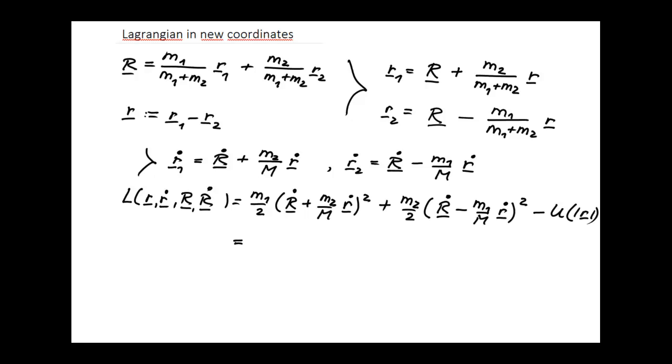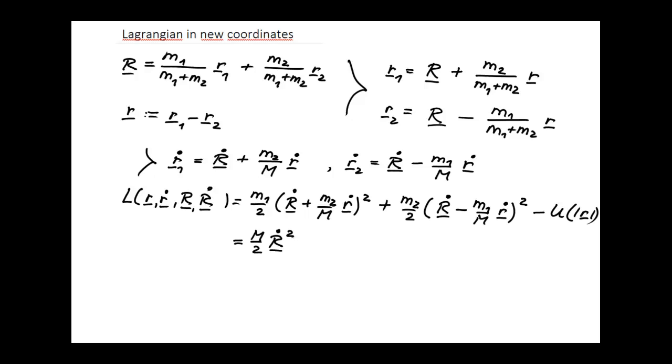So summing up these two, we get m1 plus m2, which is the total mass. So we get total mass over 2 capital R dot squared. That was one of the terms that we had encountered in the new form of the Lagrange function.